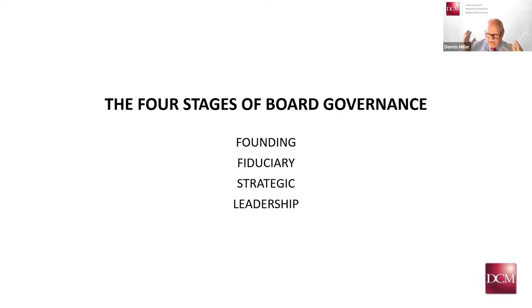Your son or daughter has an illness and you start a foundation or a hospital, or you start a school or a university. The founding board does all the work. Eventually you hire someone, and sometimes founders can't let go of control, so you have founder's syndrome, but that's pretty much the first stage.